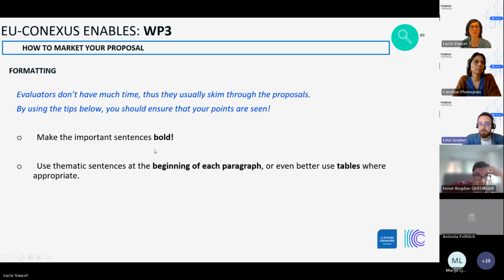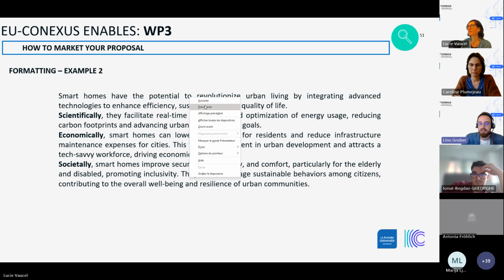Then formatting. A tip could be to make the important sentences bold, or having thematic sentences at the beginning of each paragraph, or even tables if you can. All of these tips might seem a bit basic to you, but that's really not the case. And we have a few examples to illustrate how applying these tips can make your proposal stand out.